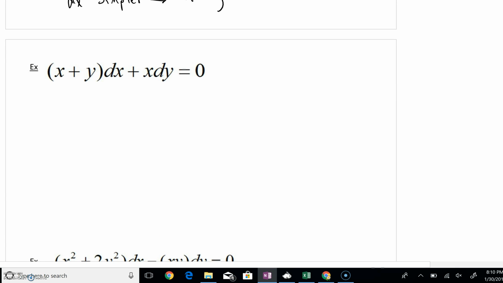Of course, we've got this example 1, and we've got our M right here, and we've got our N right over there. The first things first, we're trying to solve this.